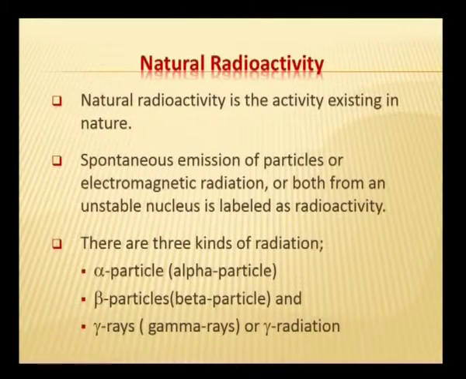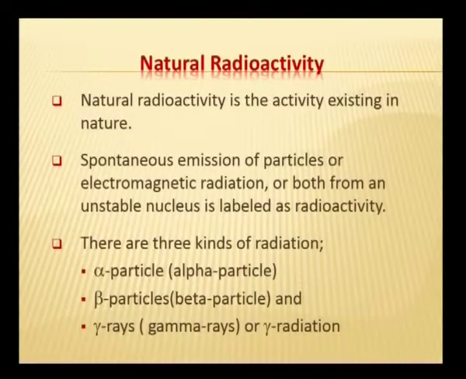So, natural radioactivity is activity existing in nature, spontaneous emission of particles or electromagnetic radiation, or both from an unstable nucleus. It is labeled as radioactivity. The important point is, any nucleus which is unstable, with the mass number.